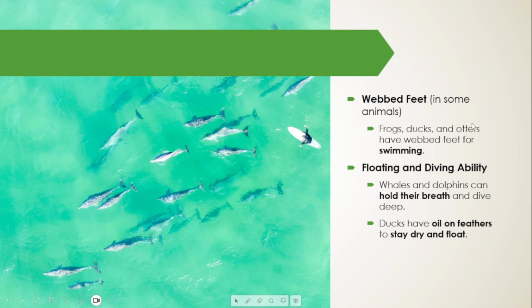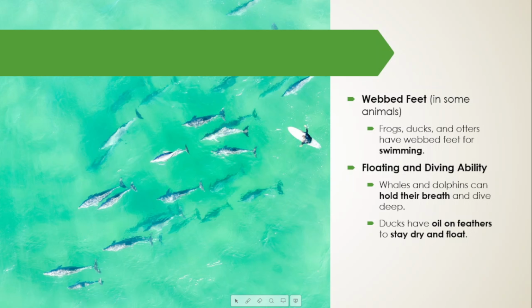Next, they have webbed feet, and it is seen in some animals like frogs, ducks, and others, which have webbed feet for swimming. So with the webbed feet, the surface area of the leg is increased, as can be seen in frogs and ducks, and they help in swimming.